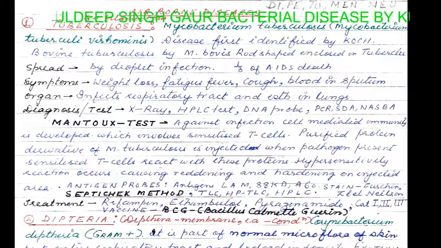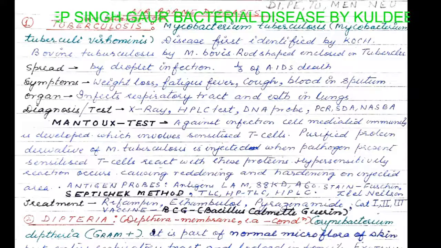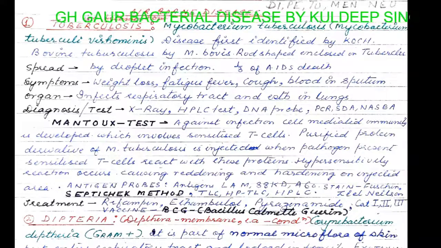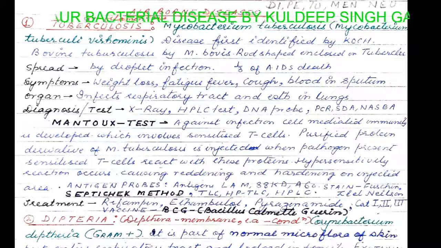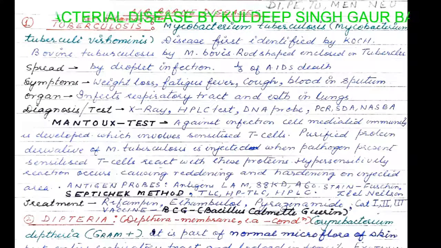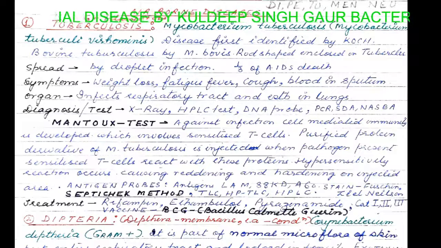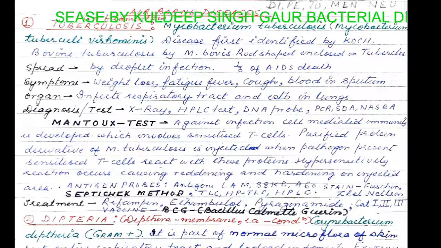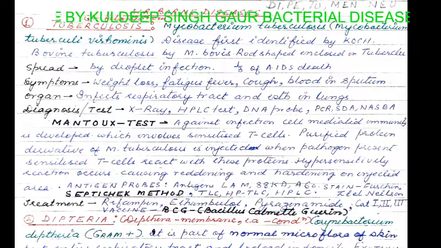A hypersensitive reaction occurs at the site of injection of the purified proteins, which causes reddening and hardening at that particular site. If it hardens after 48 hours and reddens, then it is assumed that the person has tuberculosis. But 100% certainty is not ensured by the Mantoux test.